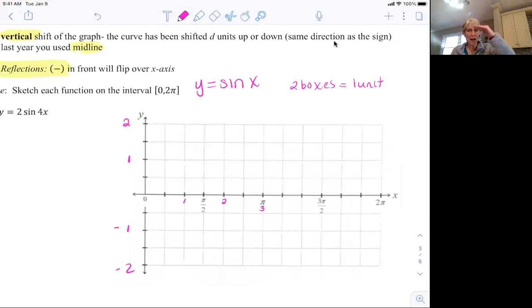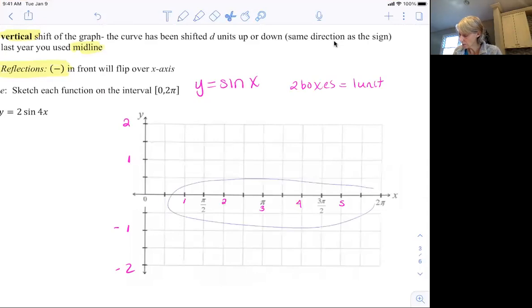Do you see how pi, which is 3.14, becomes 3? So that means this is 4, this is 5, and 2 pi is 6. That's why I use this breakdown, because it corresponds to the number values of the pi that you're graphing.